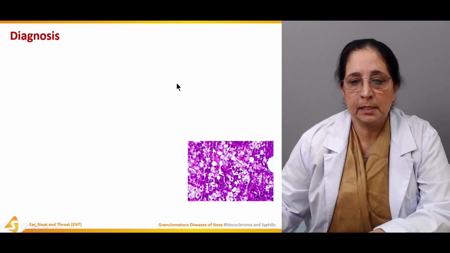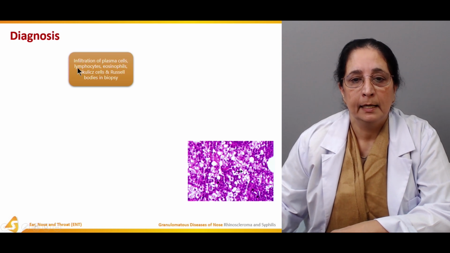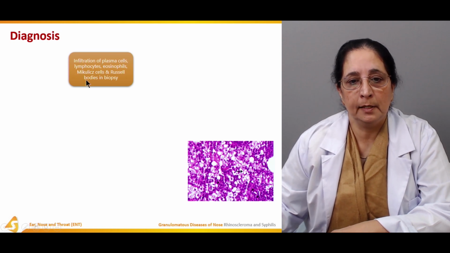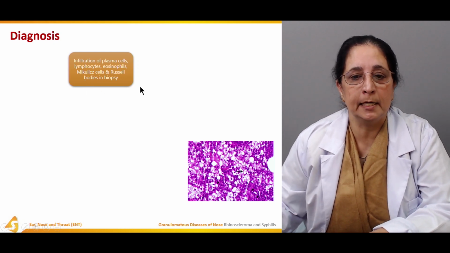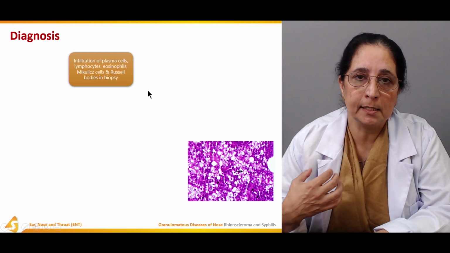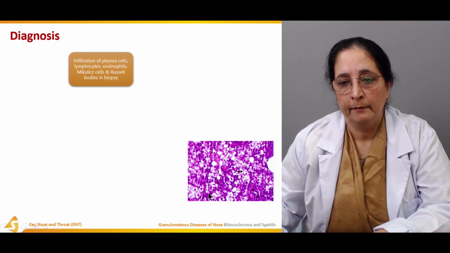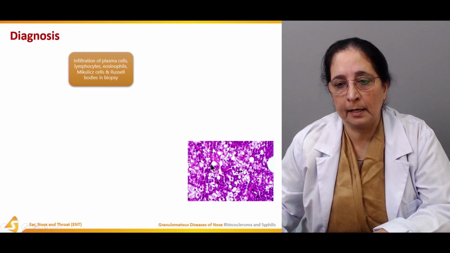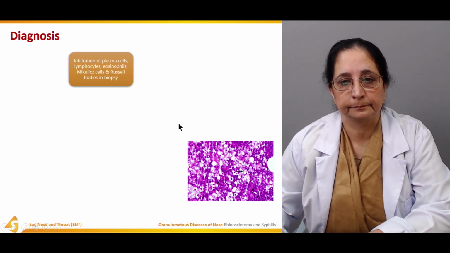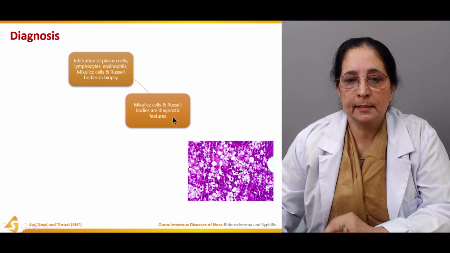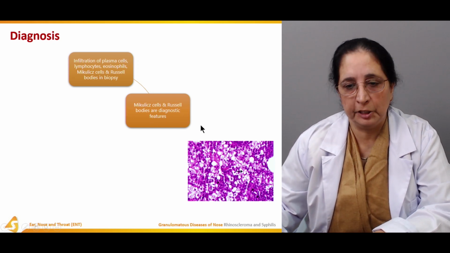The diagnosis is by infiltration of plasma cells, lymphocytes, eosinophils, Mikulicz cells, and Russell bodies in biopsy. These two cells are the diagnostic cells of this condition. You can see these foam-shaped plasma cells, and then we have the Russell cells also. Mikulicz cells and Russell bodies are diagnostic features.